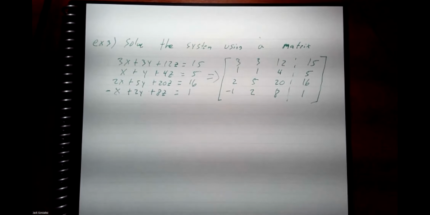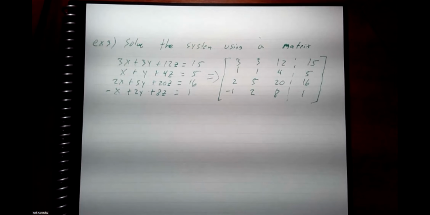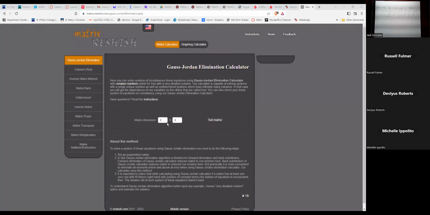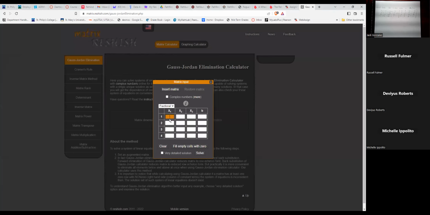We have dimension 4 rows, 4 columns. 3, 3, 12, 15; 1, 1, 4, 5; 2, 5, 20, 16; and negative 1, 2, 8, 1.